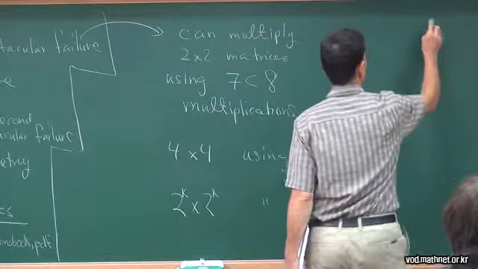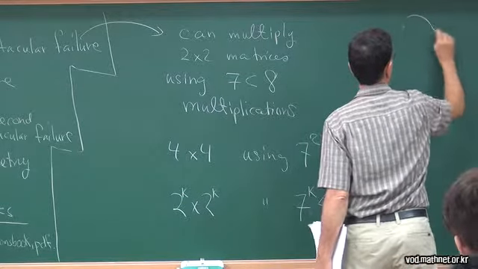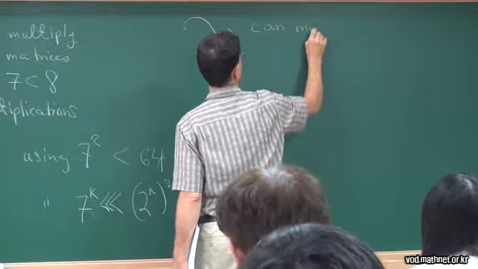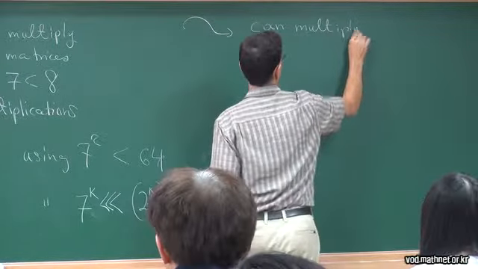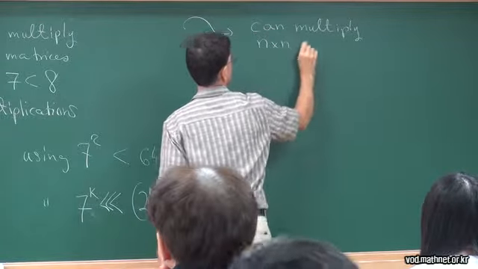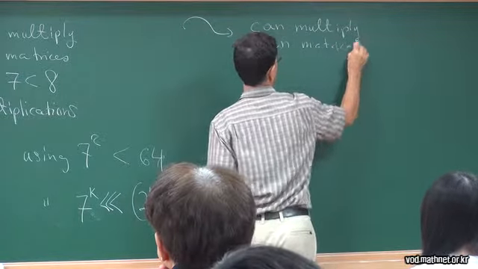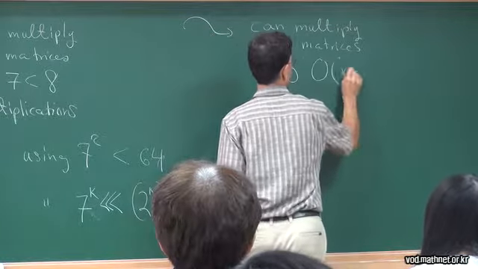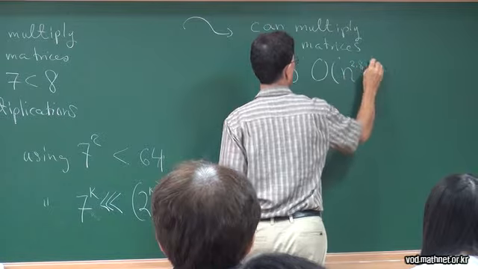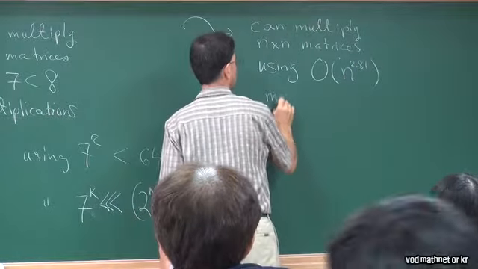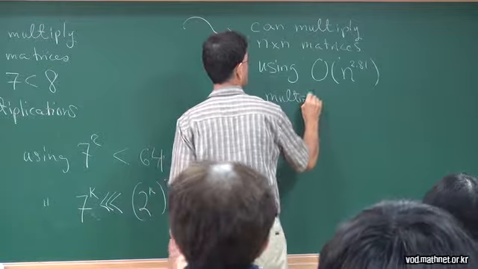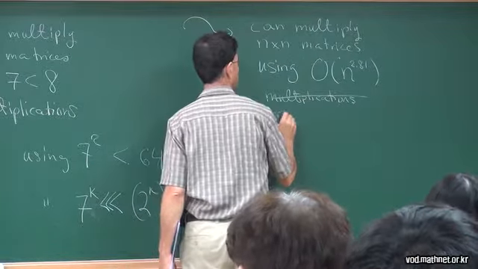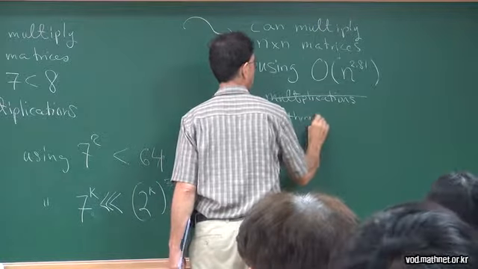And what we get is approximately that we can multiply n by n matrices using on the order of n to the 2.81 multiplications, but in fact, you could do even better with arithmetic operations.